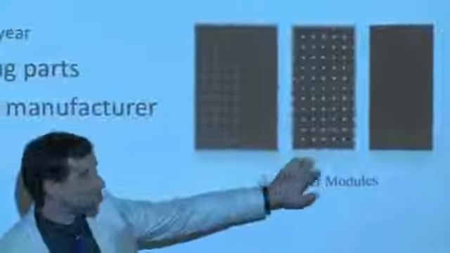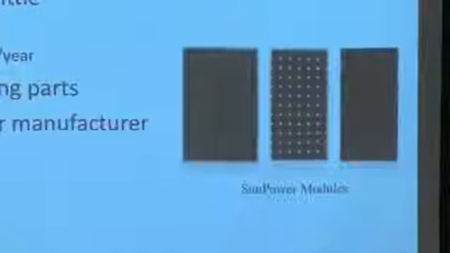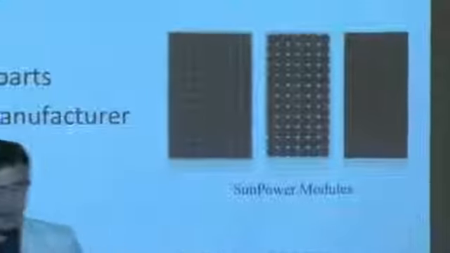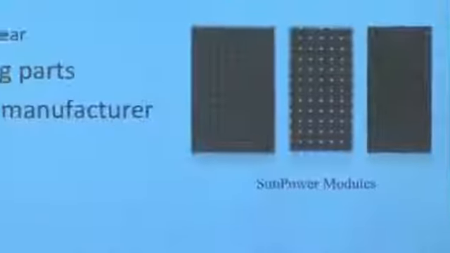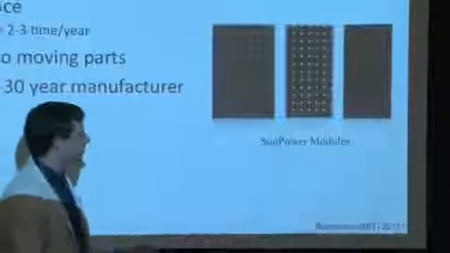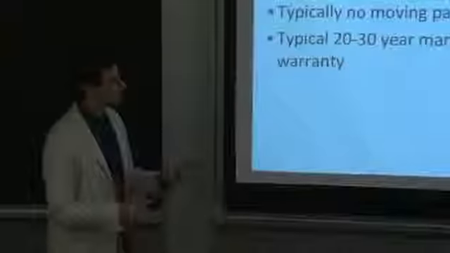And there's very little anti-reflective coating on the glass, which means that you're losing a fair amount due to reflectance. The module on the right-hand side right here has that anti-reflection coating on the glass. It could be an index of refraction gradient to absorb more of the light. It could also be surface texturing to scatter the light and trap it by total internal reflection once it gets inside.